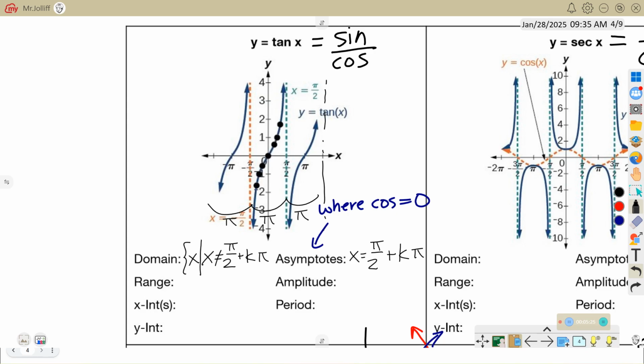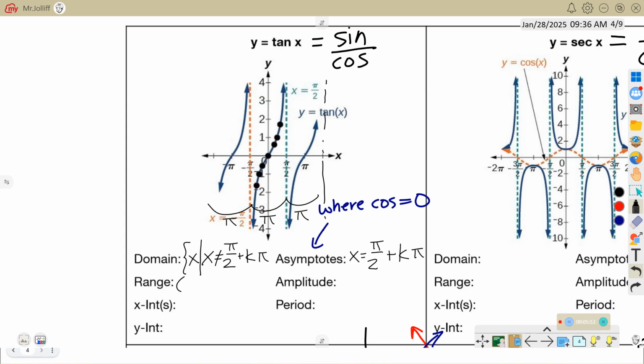You'll notice this is kind of the opposite of what we saw with sine and cos. Sine and cos took all inputs, but only spit out outputs in a specific range. The range was limited. These guys are the opposite. Their output is all real numbers. Their input is limited. I can't have values at pi over 2 or 3 pi over 2 or 5 pi over 2.